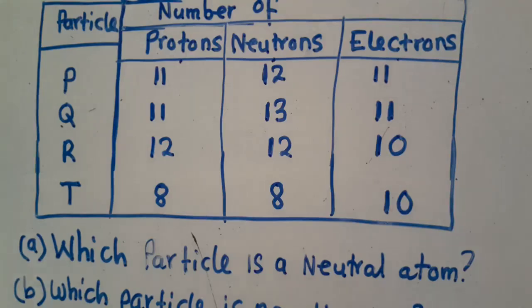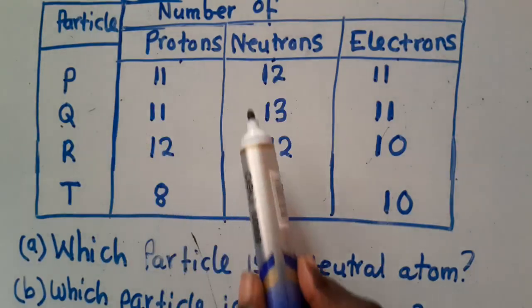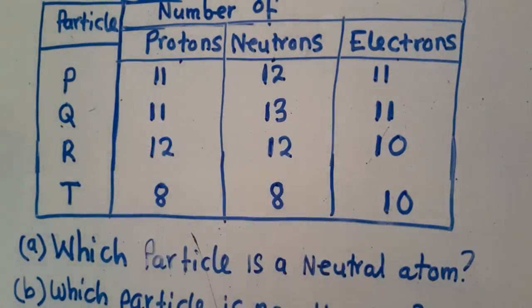So the first question is saying, which particle is a neutral atom? You are given these particles. So which of these particles is a neutral atom? Whenever we are talking about a neutral atom, we can say, which atom is found on the periodic table?